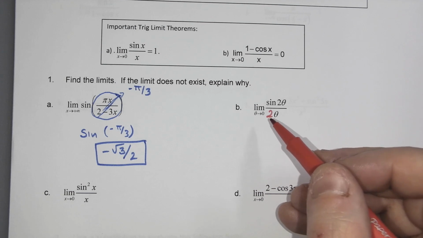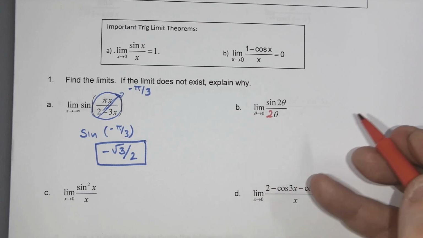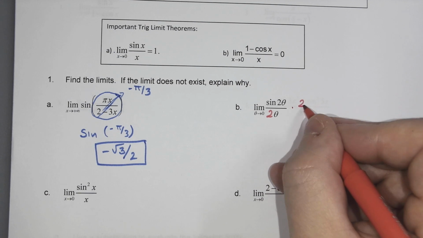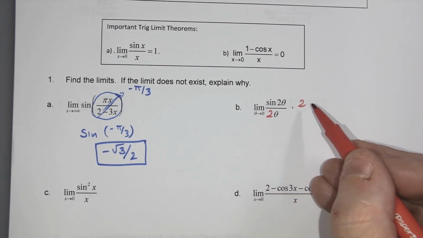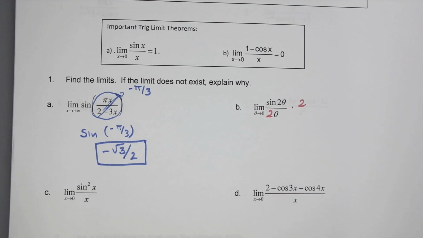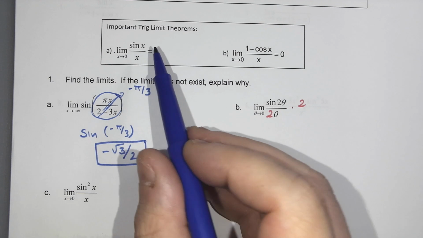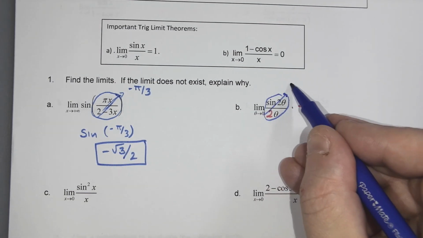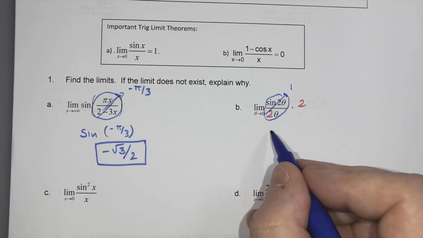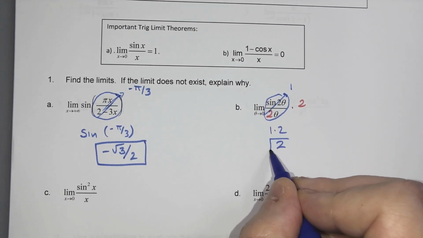But you can't just throw a 2 on the bottom of something, because it changes things, unless you also multiply by a 2. So this is like dividing by 2, and this is like multiplying by 2. What this does is it gives us the advantage that now, thanks to the important trig limit, this goes towards 1, and therefore the result will be 1 times 2, which is 2.